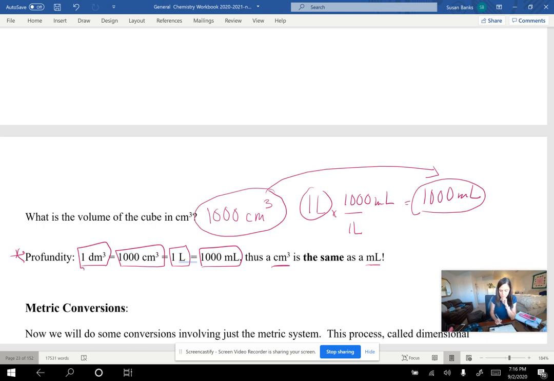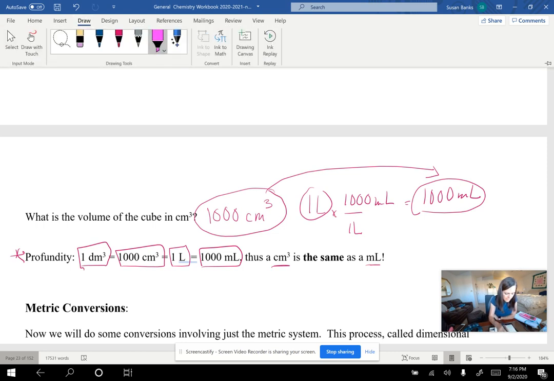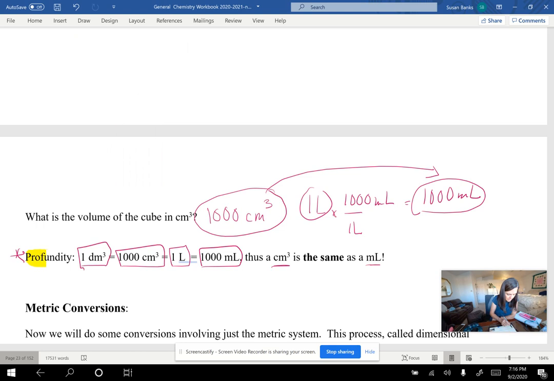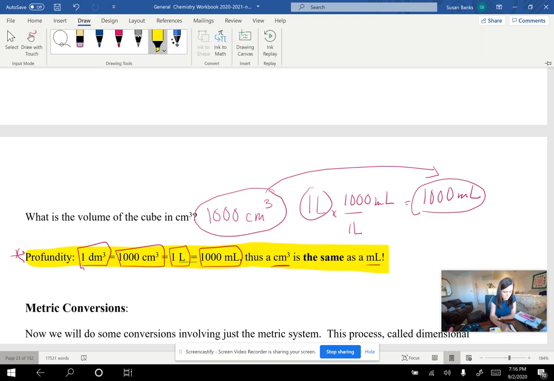So this is probably something that you want to star or highlight. Let's actually highlight this because it is worth highlighting. We will use this a lot. I mean a lot. Okay, that is something that we will use a lot this year to convert between different units.